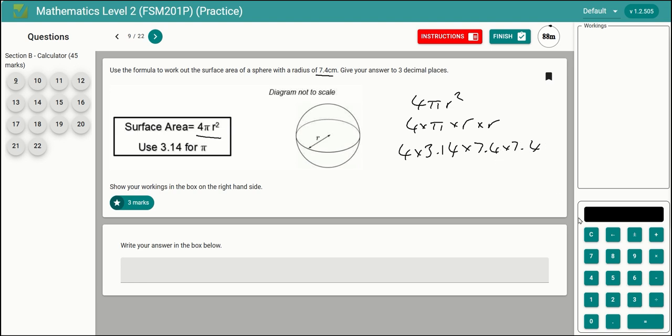Okay, so going to the calculator, let's just type that in. So it's going to be 4 multiplied by 3.14 times 7.4 times 7.4, and there we go, and there is our answer. So it is 687.7856.